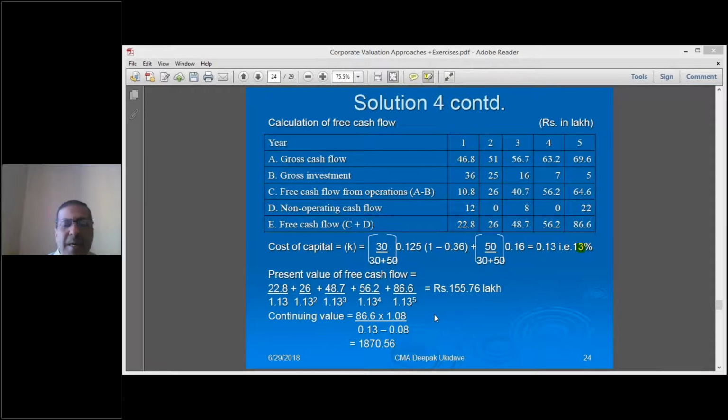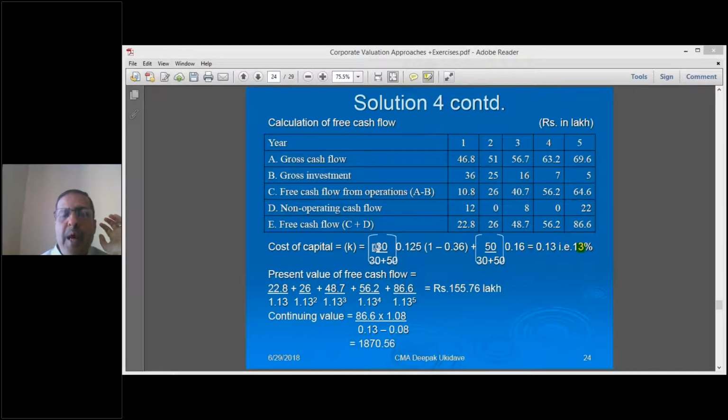Purvi is asking, sir, can you please repeat? Yes, I will definitely repeat, Purvi. Cost of capital is given as market value of debt 30 into KD pre-tax. KD is given as 12.5. Try it on the calculator. When you do it yourself and get the answer, your understanding is confirmed.